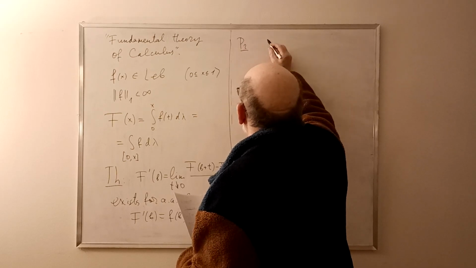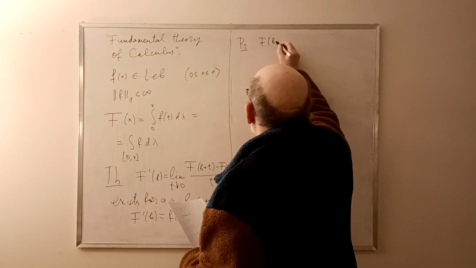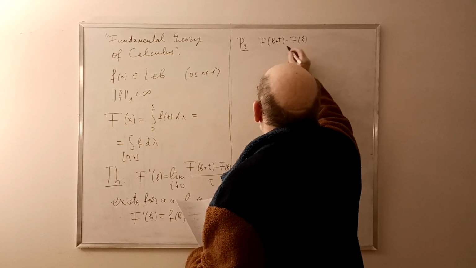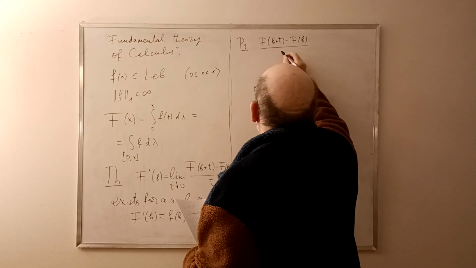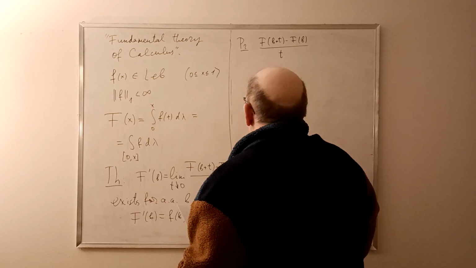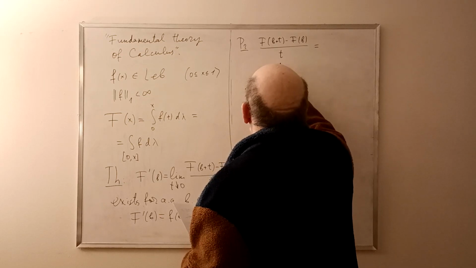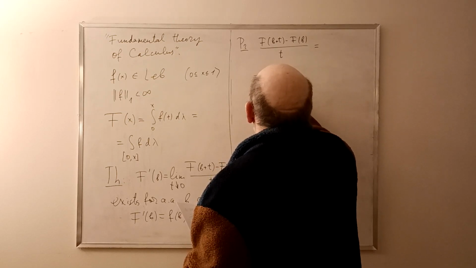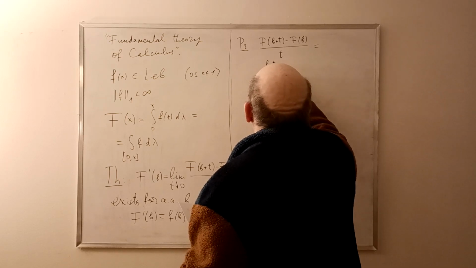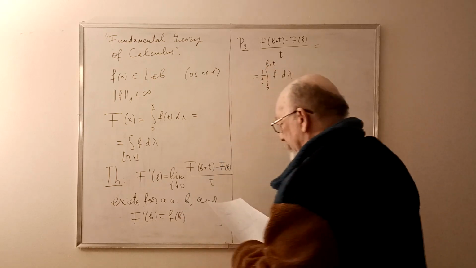Proof. Let us write this ratio: F of b plus t minus F of b, divided by t, equals simply 1 over t integral from b to b plus t of f d lambda.